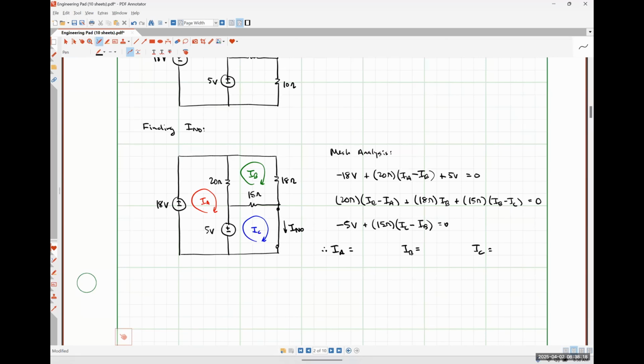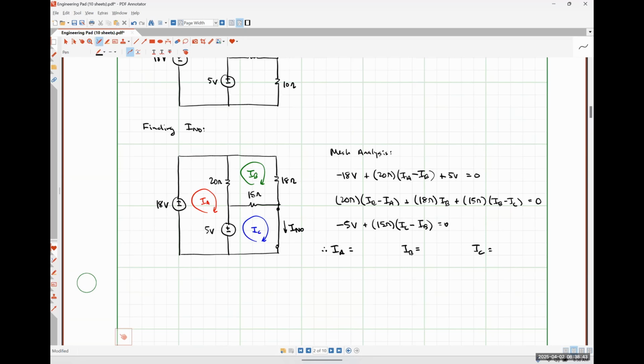And then my constant term is going to be 18 minus 5. In my second equation, my coefficient for IA is negative 20. My coefficient for IB is 20 plus 18 plus 15. My coefficient for IC is negative 15, and my constant term is 0.